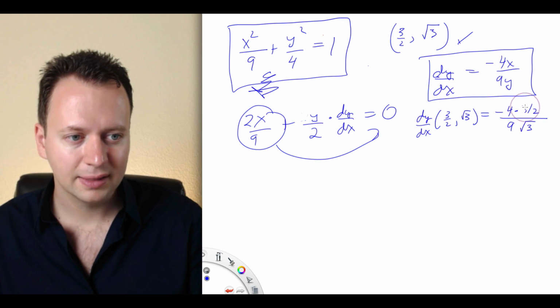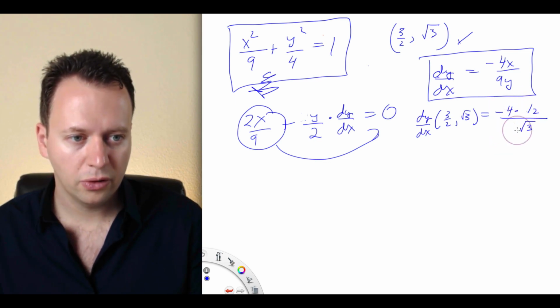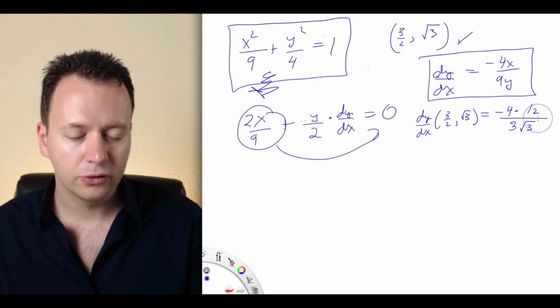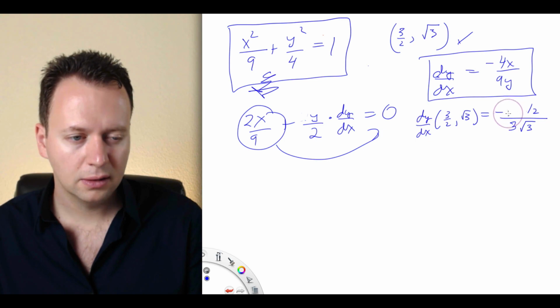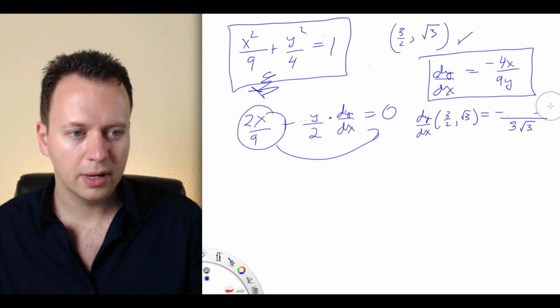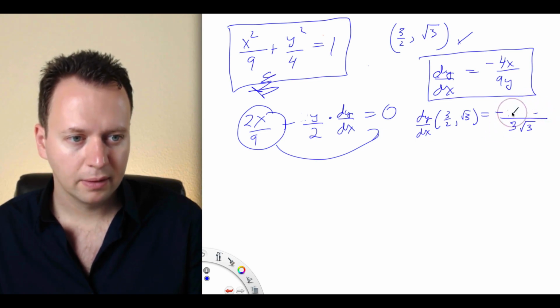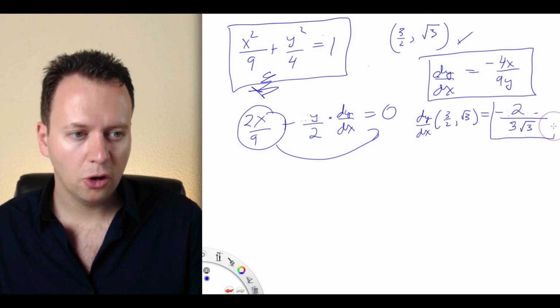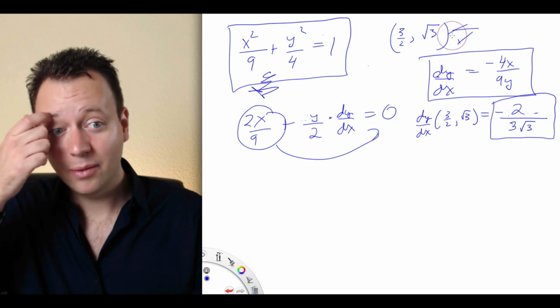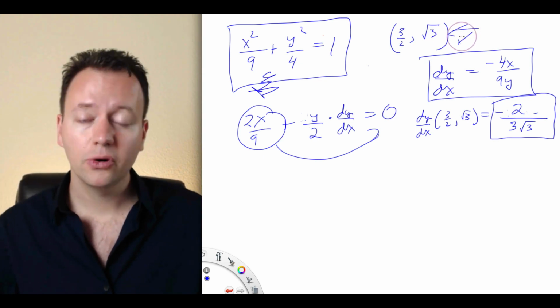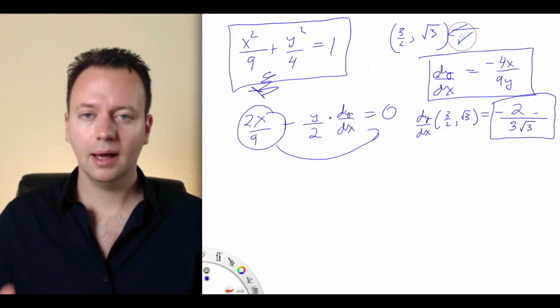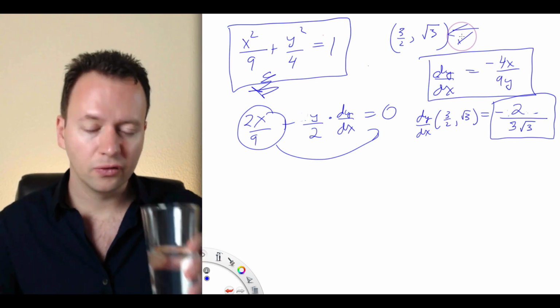So I'm going to next simplify this. 1/3. 4 over 2 is just 2. So we get minus 2 divided by 3 root 3. So this is the slope of the tangent line at the point up here. So pretty cool. With a couple simple steps, we have the derivative.